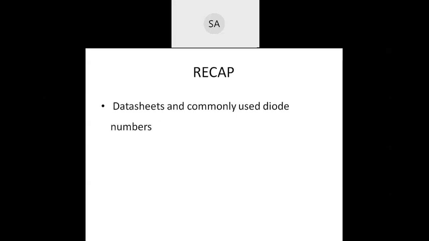So for the different applications, we have different diode numbers: BAV45, BAW62, OA90, OA47, IN 914, IN 4151, IN 4001, IN 4002, IN 4007, BA102, BB104, BB113, and some other diode numbers.